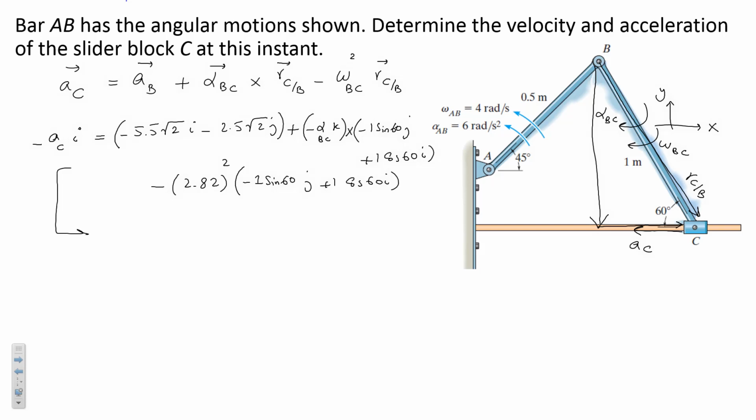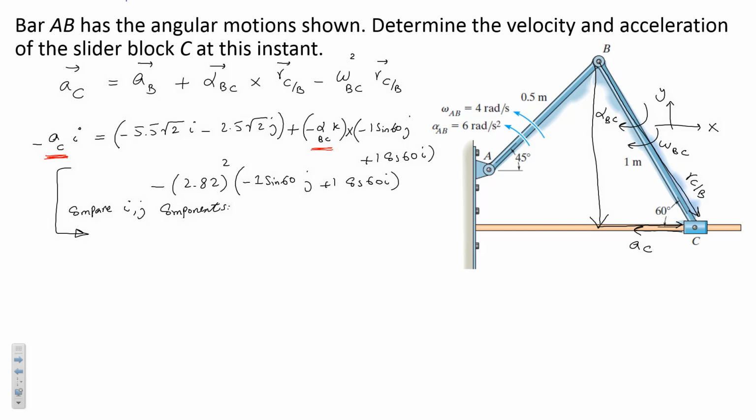So we need to compare i and j components to find the unknowns in these equations. We have two unknowns, alpha BC and also AC.